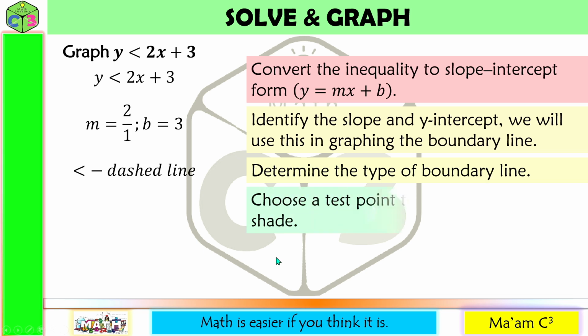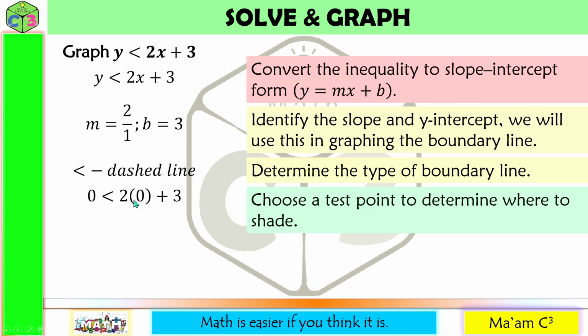Step 4. Choose a test point to determine where to shade. Usually, (0, 0) is used as a test point for as long as (0, 0) is not on the line. So we are going to use (0, 0) as a test point here. That means we are going to substitute 0 for y and 0 for x. 2 times 0 will be 0, so we have 0 is less than 3.